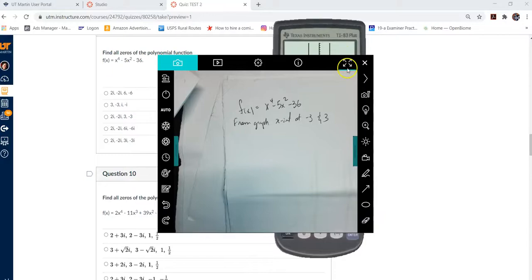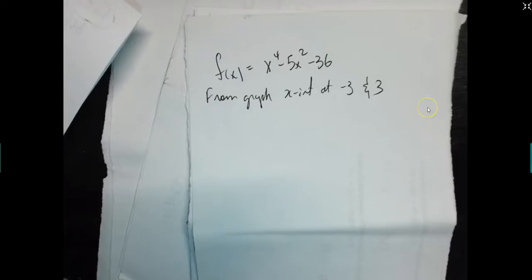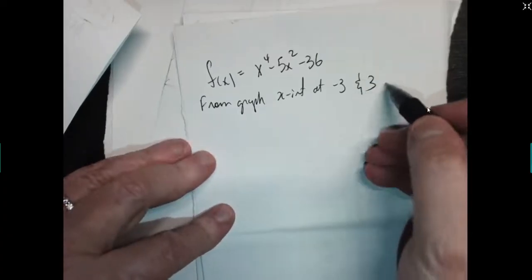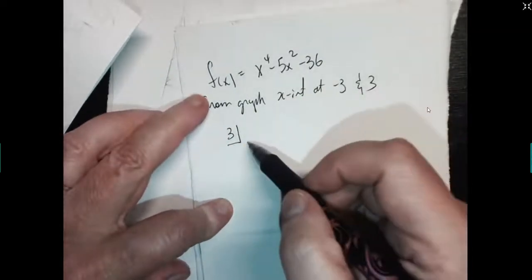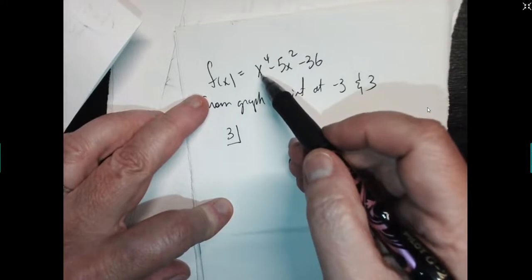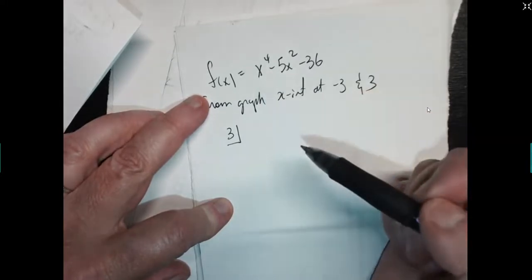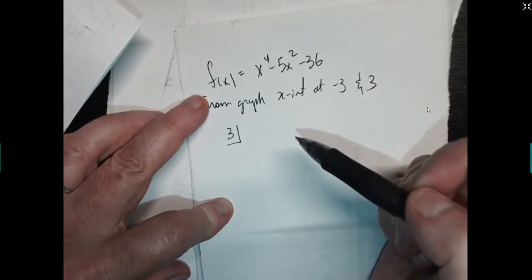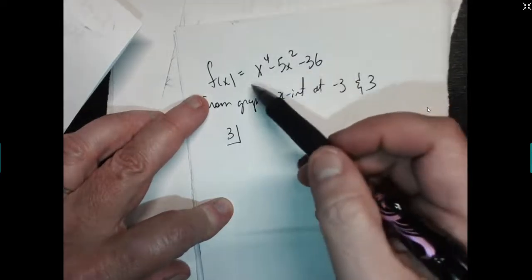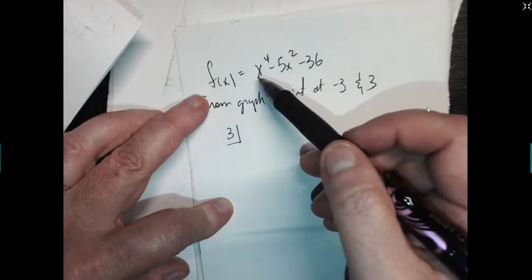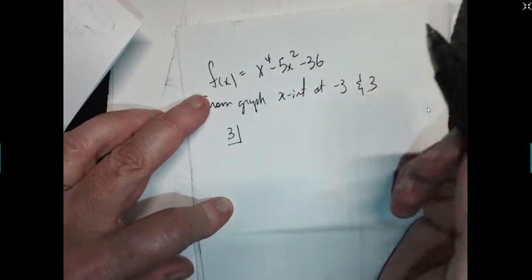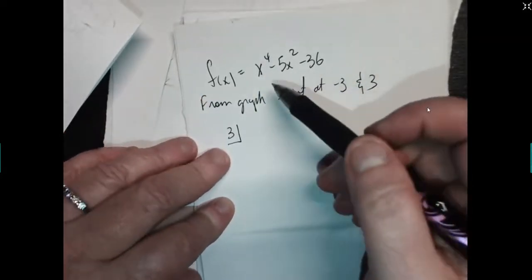Okay, so let's break this thing down. Let's first put 3 as our 0. I could also try and factor this as a quadratic. If I let u be x squared, I could do that. But let's see what I can do with this.